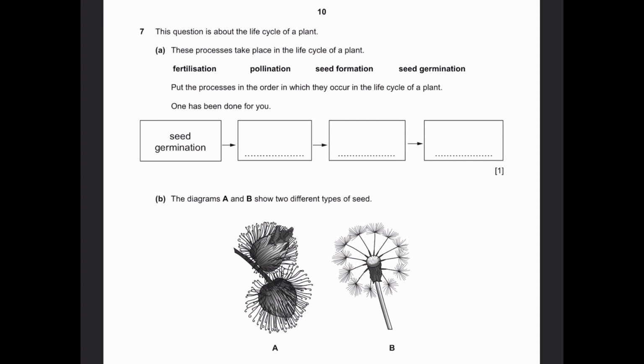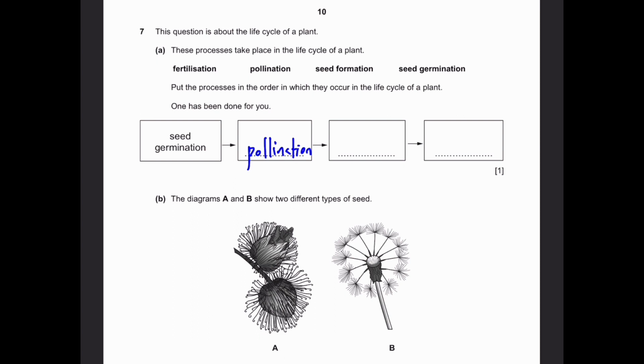Seed germination. So seed germination means the growing of a seed into a root and shoot, as we know here. Next is pollination. Why? So once the plant germinates and creates flowers, these need to be pollinated.